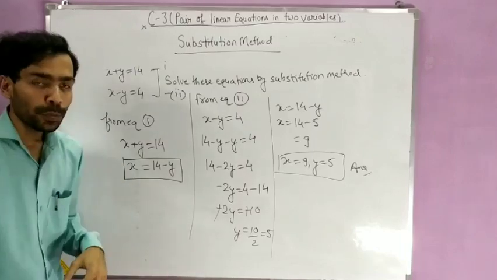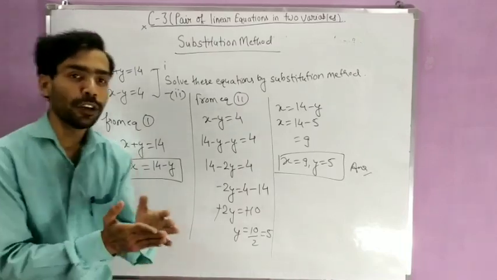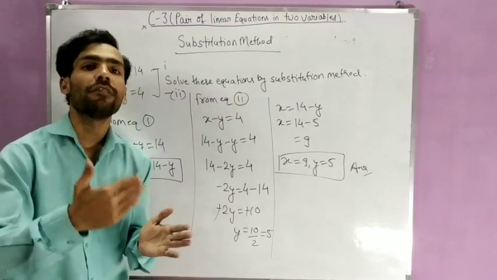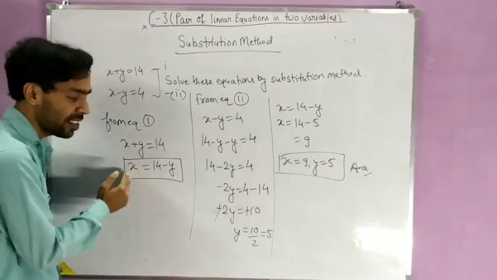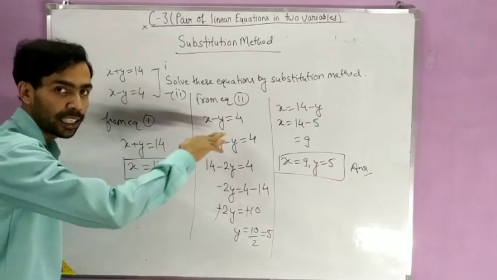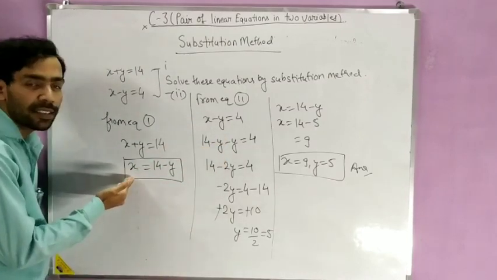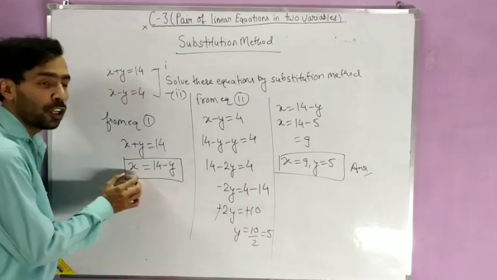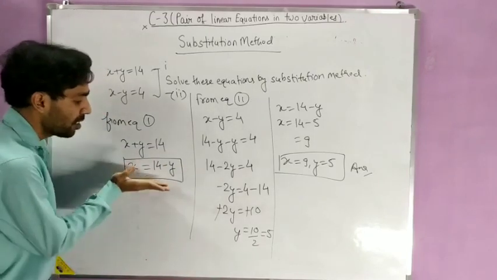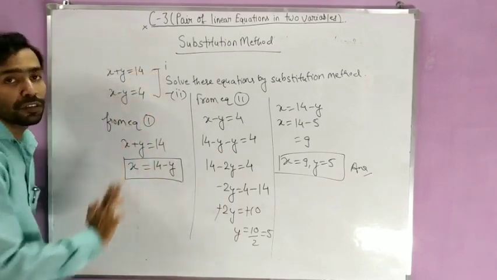Now you take out the value of one variable in terms of the other variable. So I have taken x this side and displaced y to the other side. So I got the value of x as 14 minus y. This value we have calculated from equation 1.